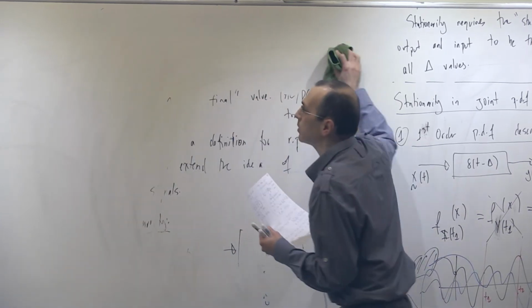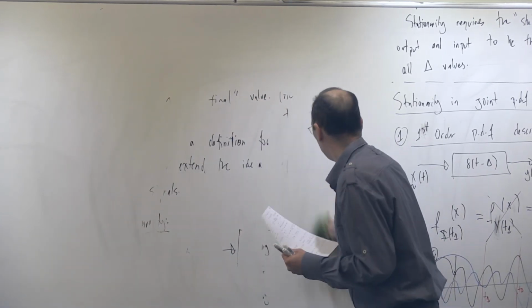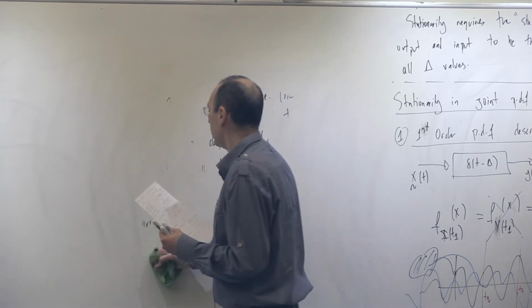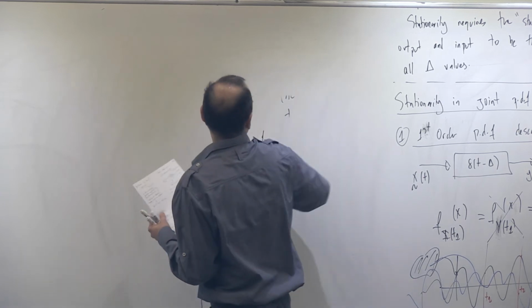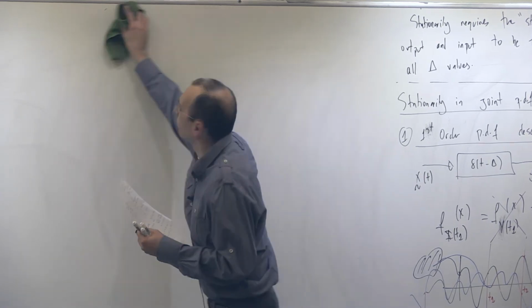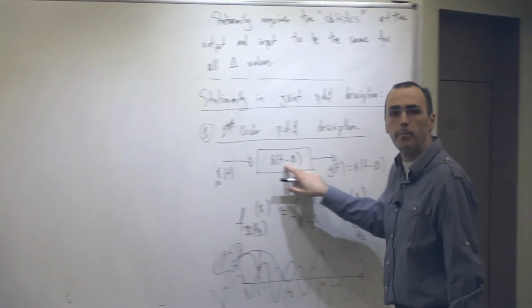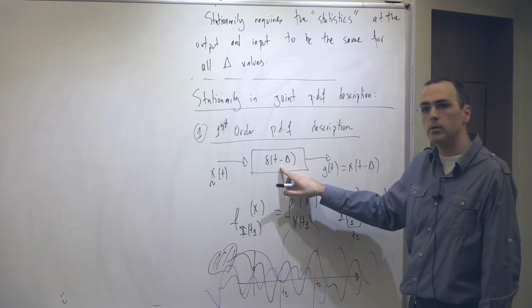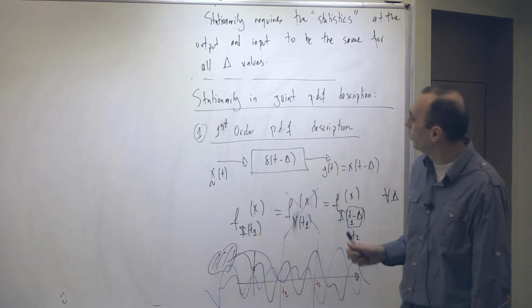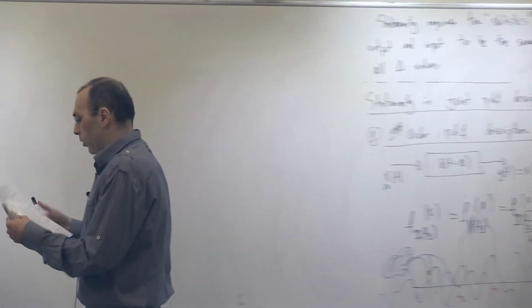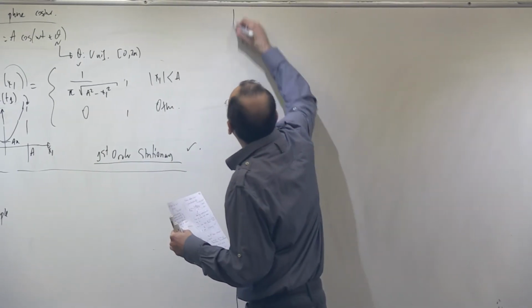So this is more like a classification of my earlier results. But you will see that this will be very important for us, because such operations, like delay operations, are the basis of signal processing, isn't it? Linear time invariant operations.